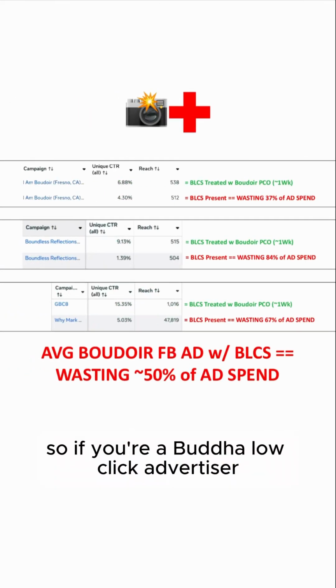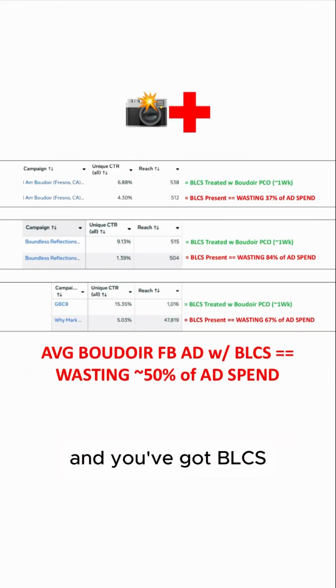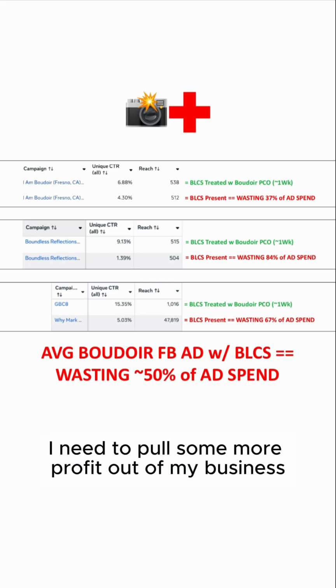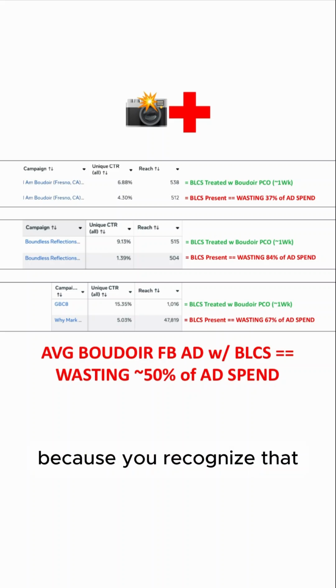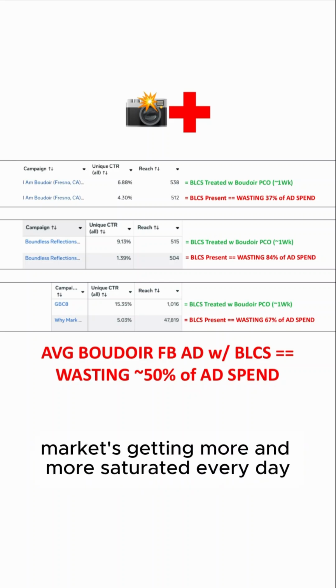So if you're a Boudoir low click advertiser and you've got BLCS and you've decided, hey, now's the time, I need to pull some more profit out of my business and I want to do it through Facebook ads, because you recognize that the Boudoir market's getting more and more saturated every day.